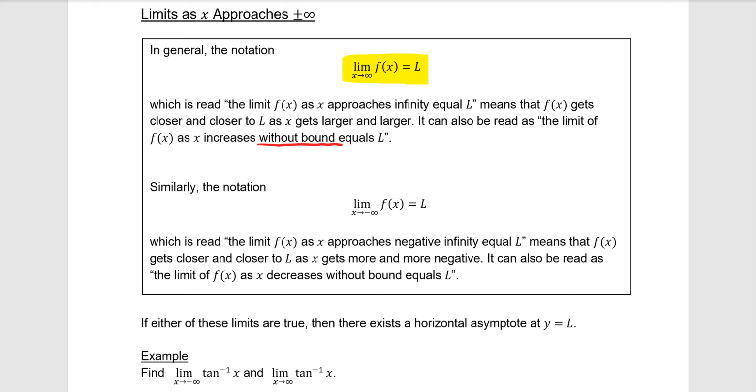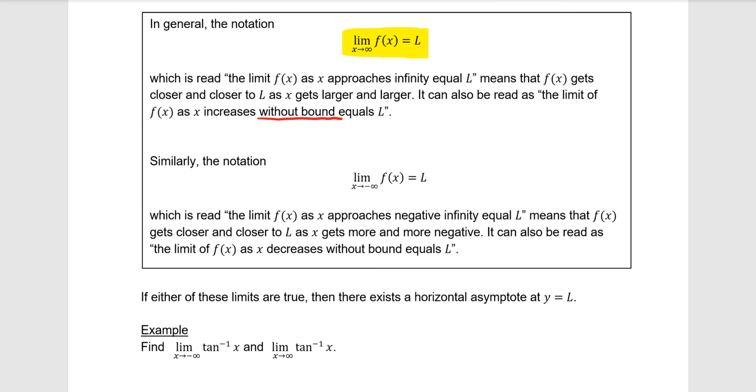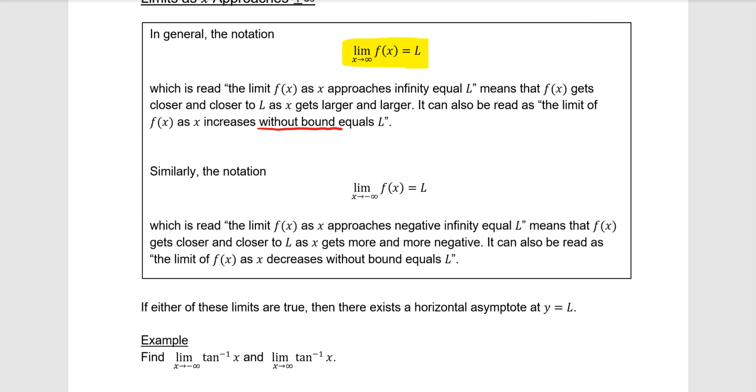Anytime you see the phrase without bound, that essentially means it's going towards infinity. Then we also have the other notation, as x goes to negative infinity of f of x, and we could read this one as x decreases without bound. So infinity is increasing without bound, and negative infinity is decreasing without bound.